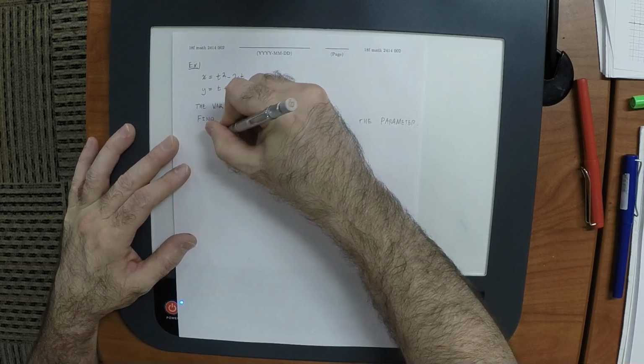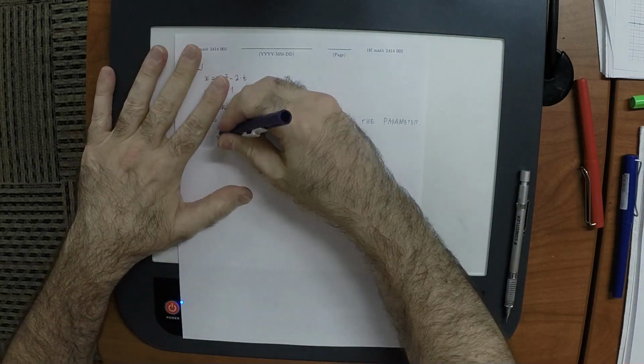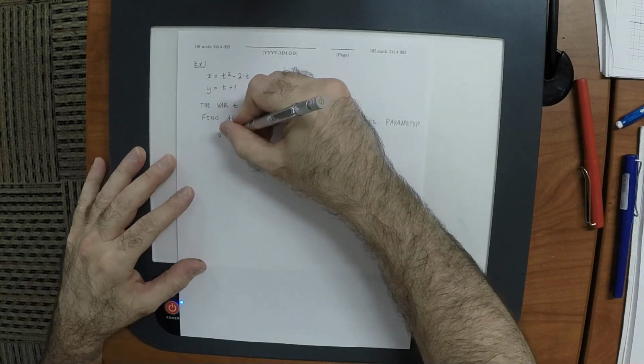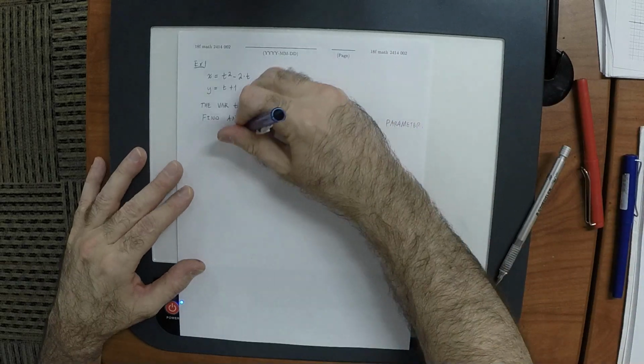if I copy them down, oops. And say x is t squared minus 2t. I'm having writing problems today.